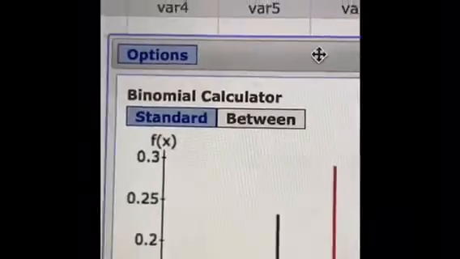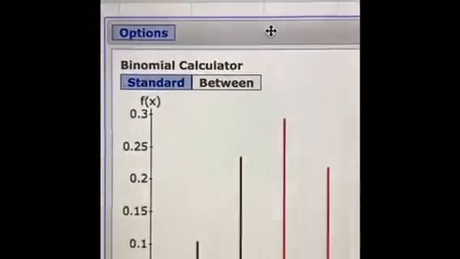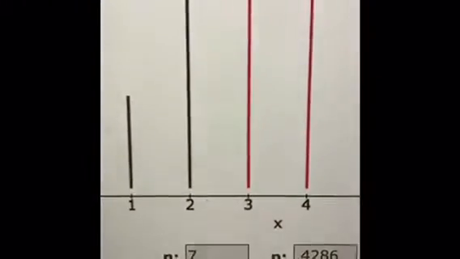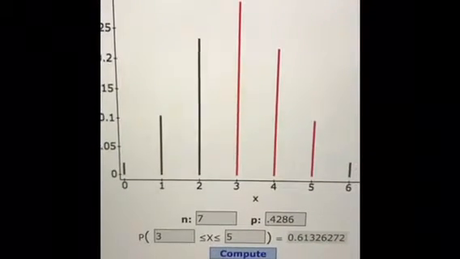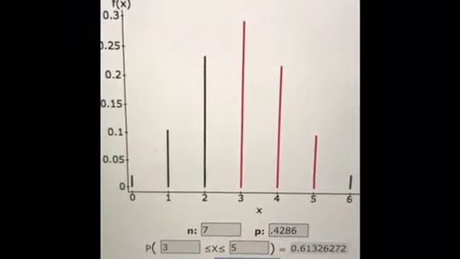We're going to pop on over to the binomial calculator. This is exactly what we need for this situation. The number of trials, N, is 7, because counting 2 to 8 is 7.